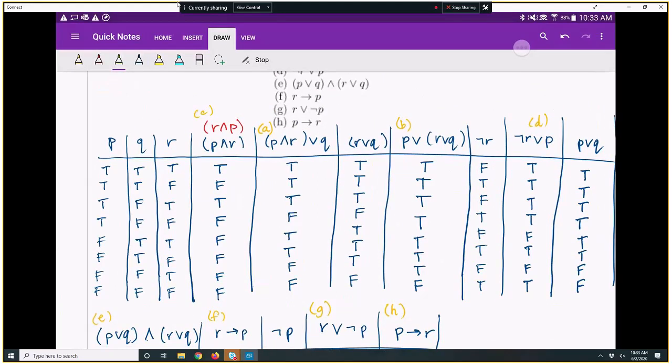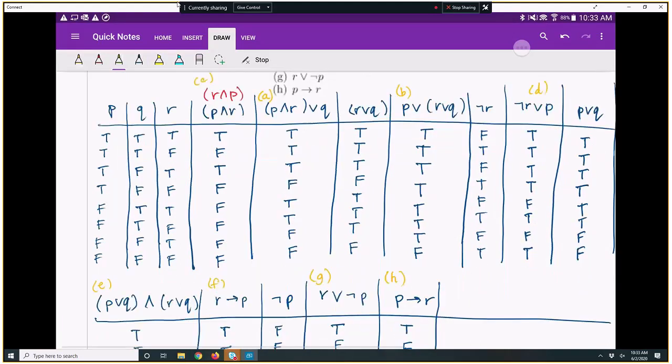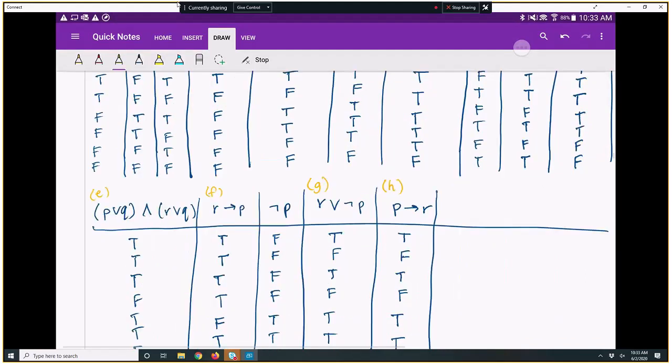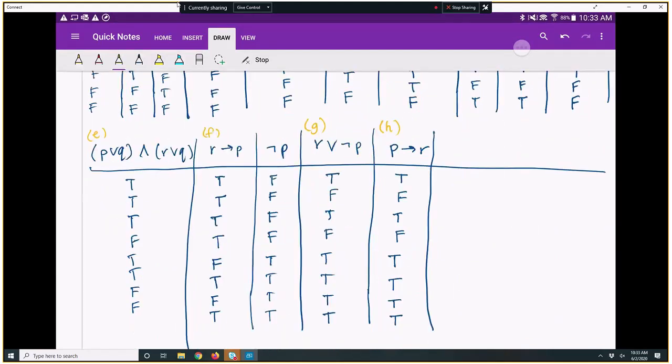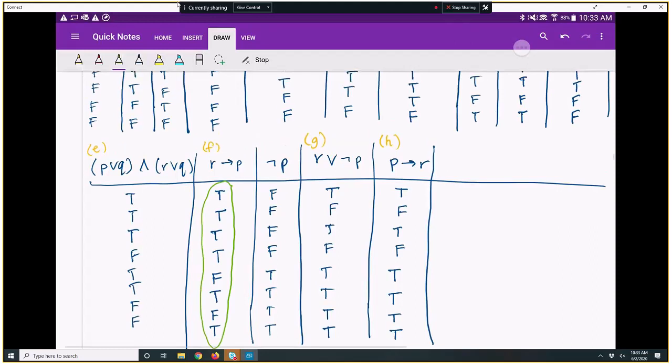But if I look at D, which was not R or P, then I have true, true, true, true, false, true, false, true. And that appears to be equivalent to F. True, true, true, true, false, true, false, true.